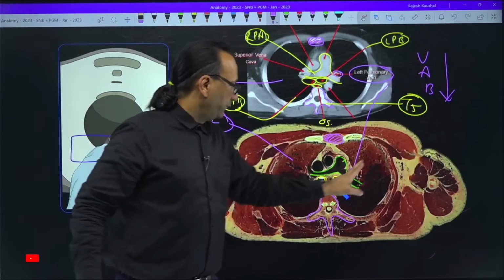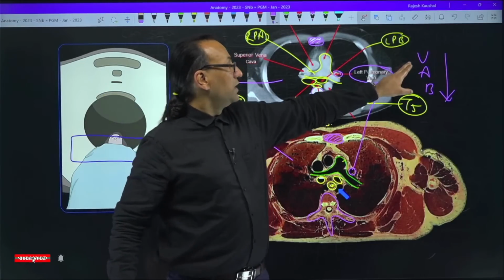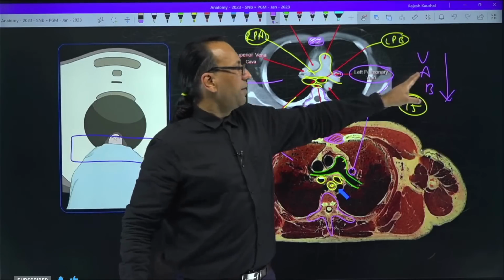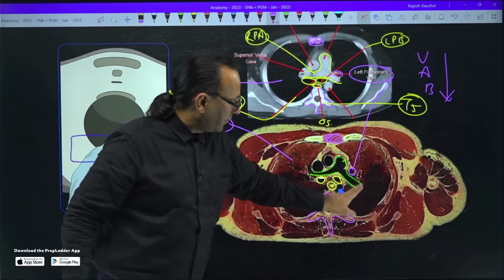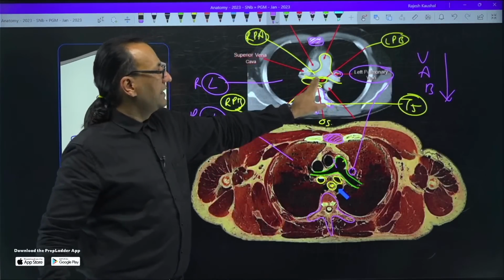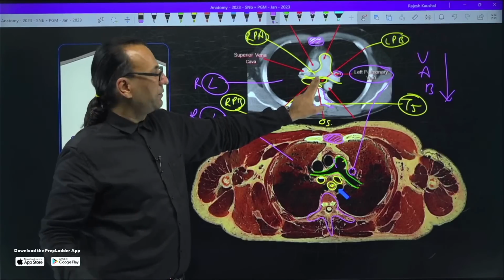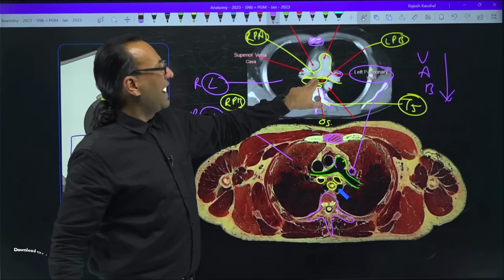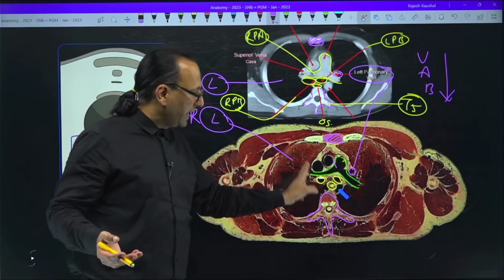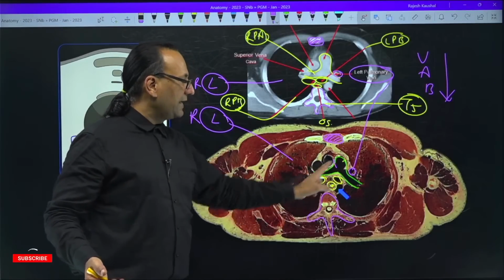What is in the middle? Pulmonary artery. A for artery, pulmonary artery. What is the B? Bronchus. Here it is left principal bronchus, but whatever arrangement of VAB you have on the left side, it will be the same on the right side also. Right and left, there is no difference.